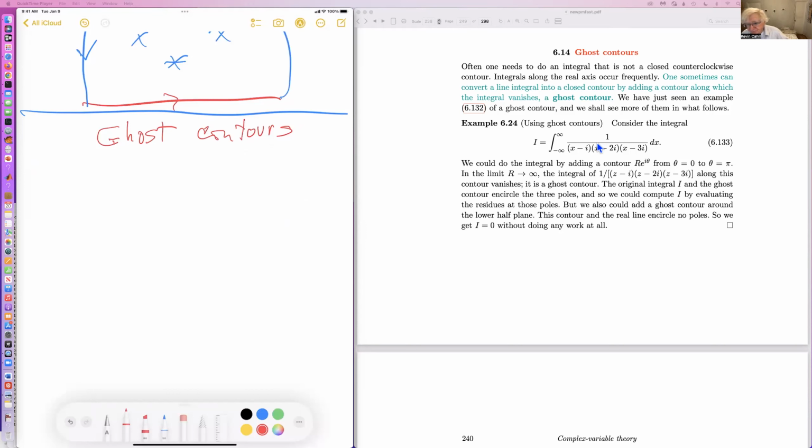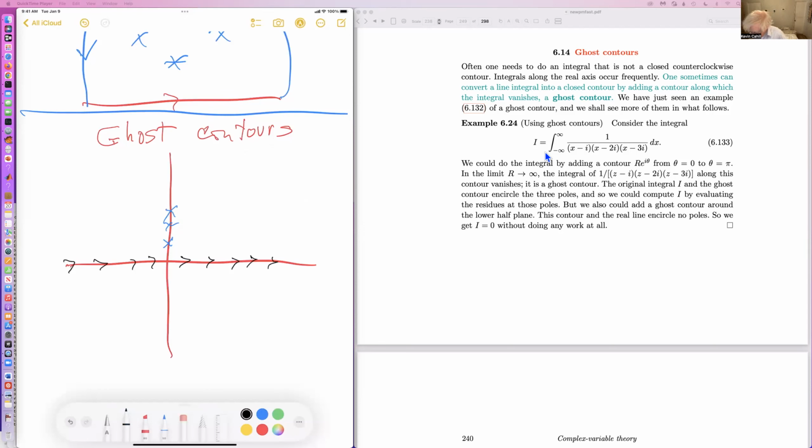It is an integral with three poles, and if we draw the two axes, then we've got a pole here at I, a pole here at 2I, and a pole here at 3I. And we're asked to integrate along the x-axis. So we're supposed to integrate here along the x-axis like this.